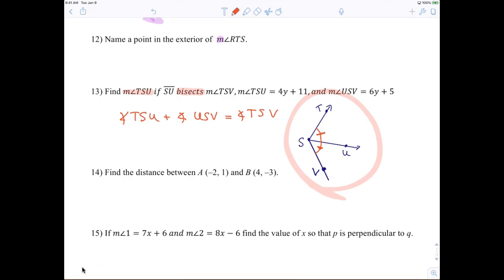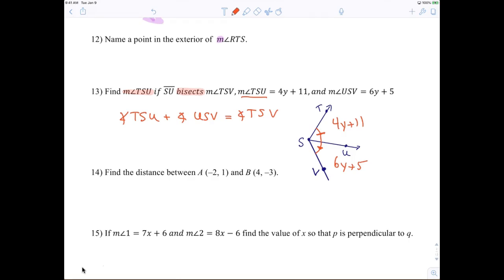All right, now I'm going to erase this for a second. It says that TSU is 4y plus 11, and USV is 6y plus 5.